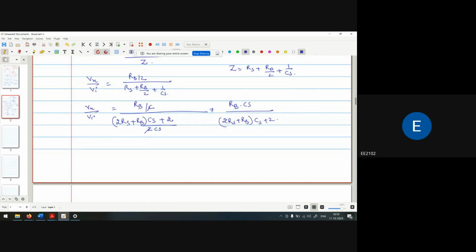Now if you solve it further, there are several assumptions. The first assumption is that Rs and Rb are infinite.